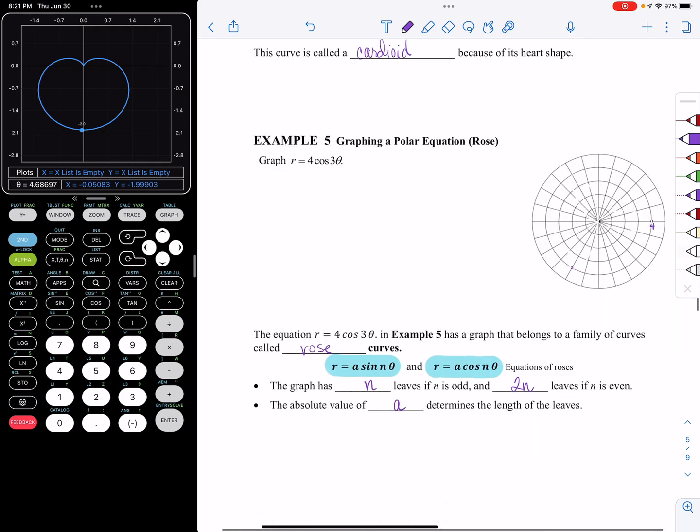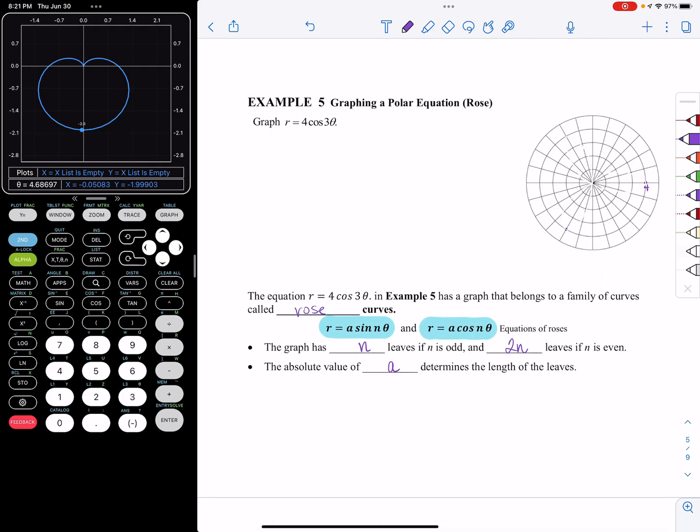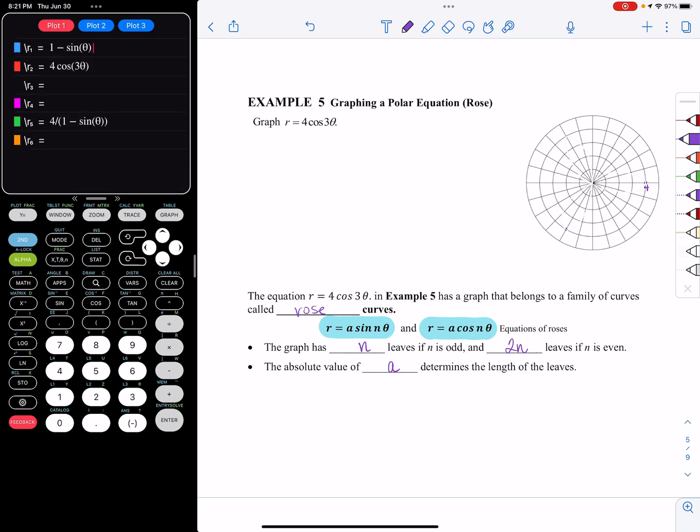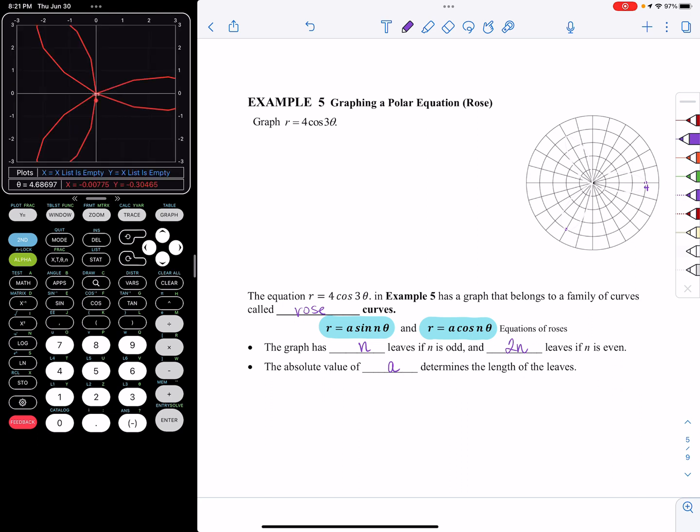All right, example number 5 is r equals 4 cosine 3 theta. So let's go back to your y equals. I've already got mine marked in here. Just make sure that your parentheses are in the right spot. And if I go straight to graph, you'll notice for mine, this is way off the page.